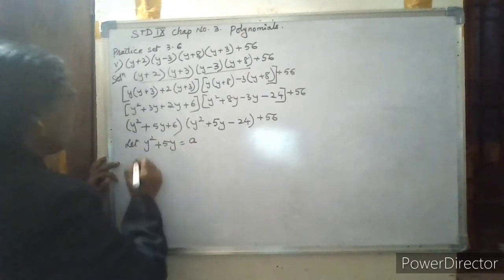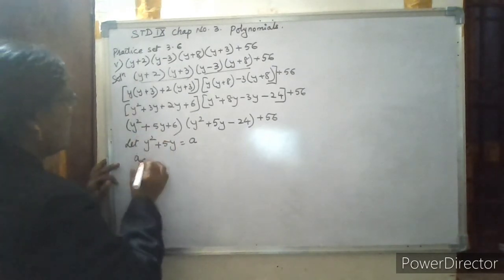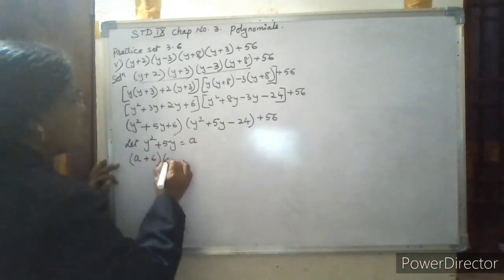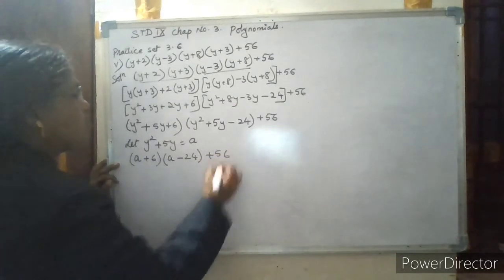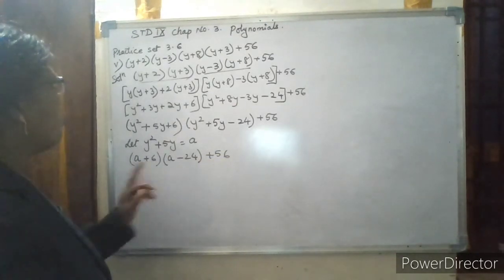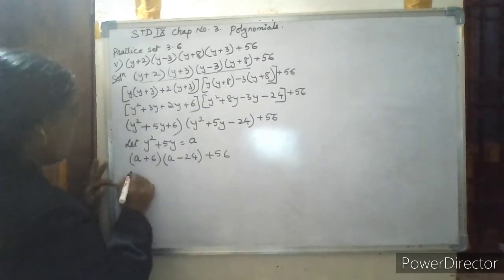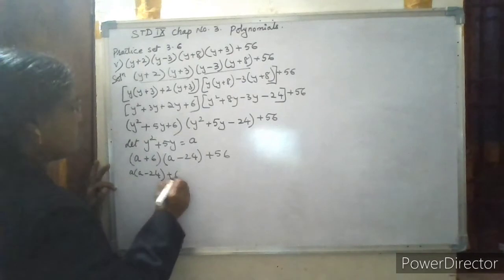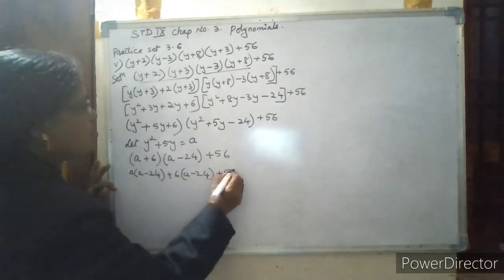Substituting this value, we have a plus 6 as one factor, the other one is a minus 24, plus 56. Now these two are binomials, so we will multiply them. So a into a minus 24 plus 6 into a minus 24 plus 56.